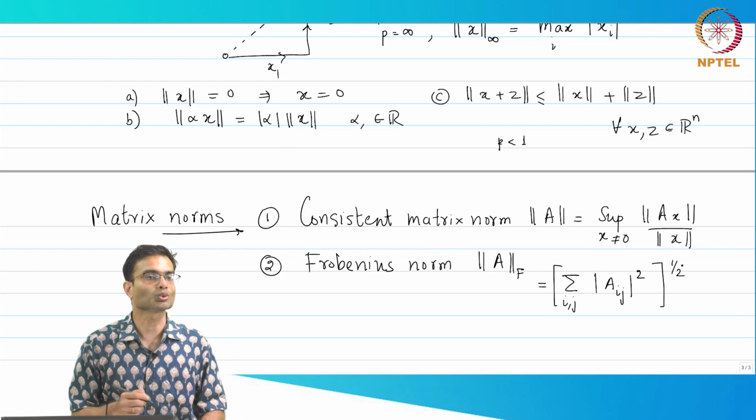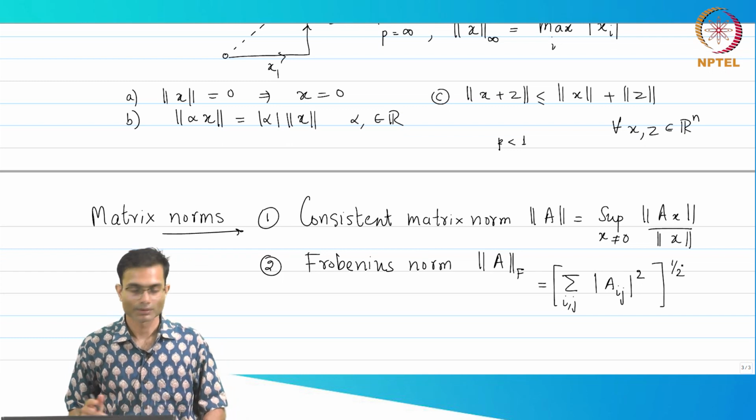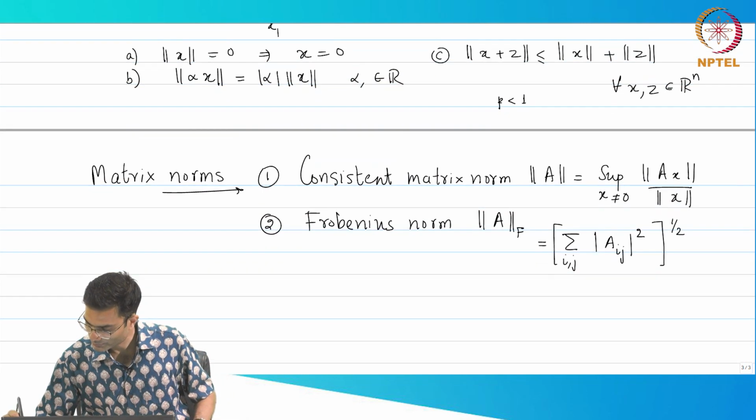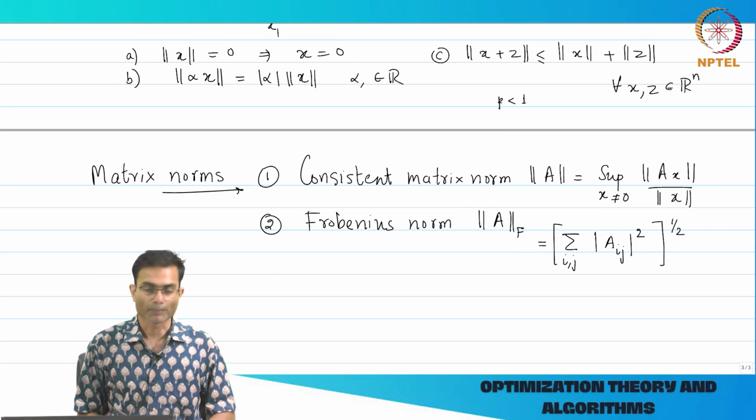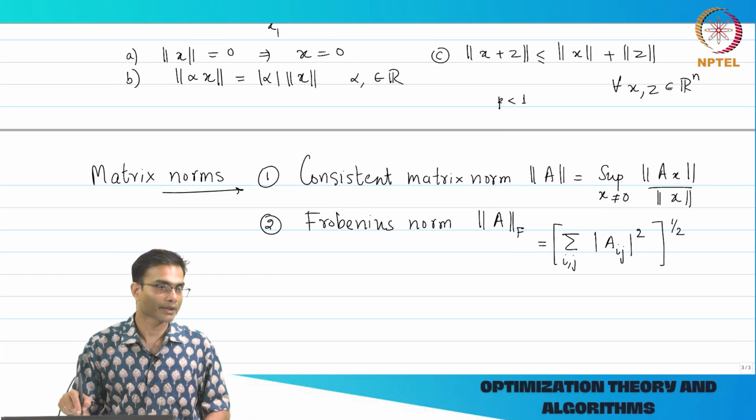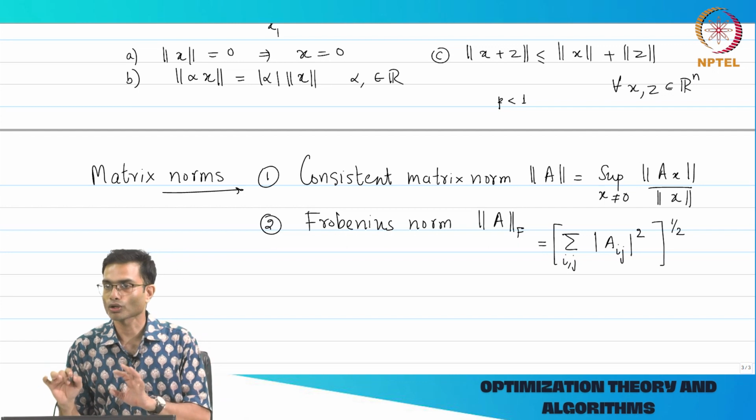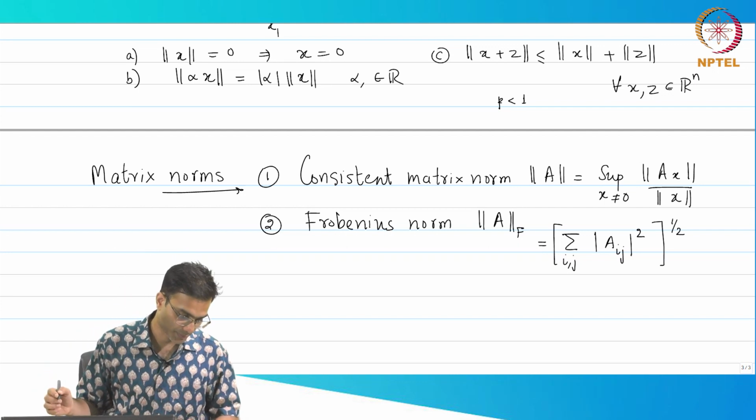It looks like the 2 norm of a vector, right? So it's exactly that, but we are putting the symbol F over there to make sure that we are not talking about a consistent matrix norm.